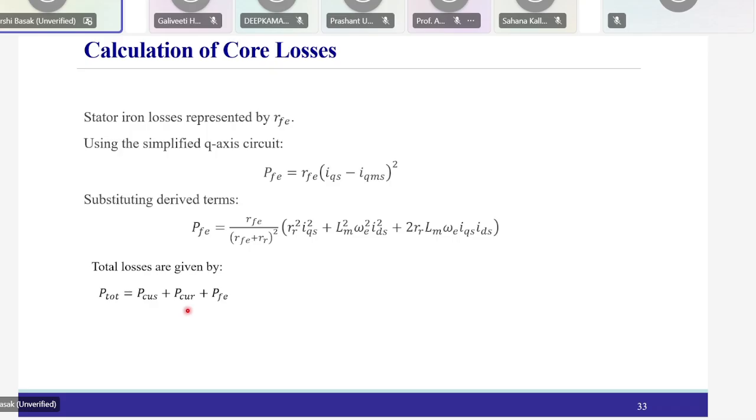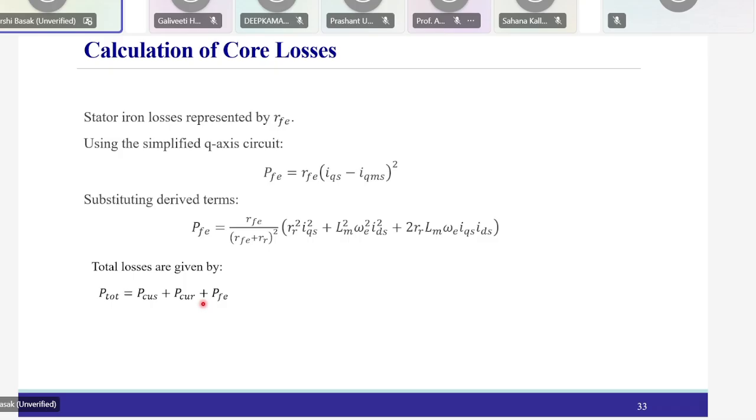Now, if we have to minimize this total loss with respect to IDS, because IDS and IQS will have a relationship with respect to omega E, we differentiate this with respect to IDS: for a particular value of torque, how much IDS is actually required.